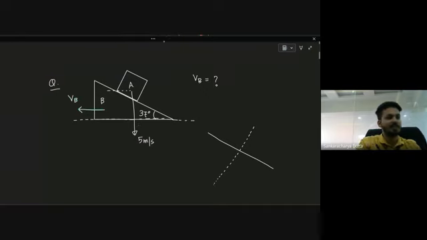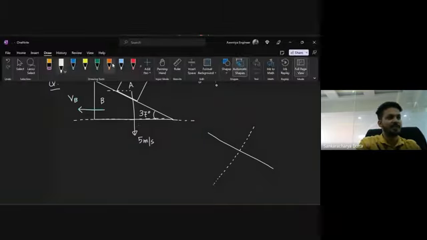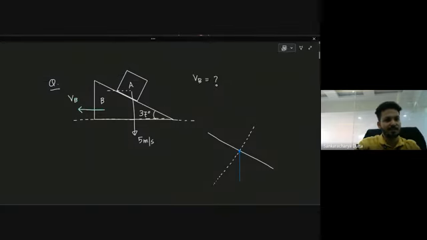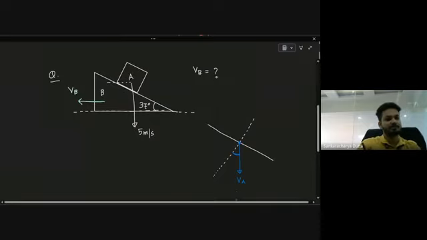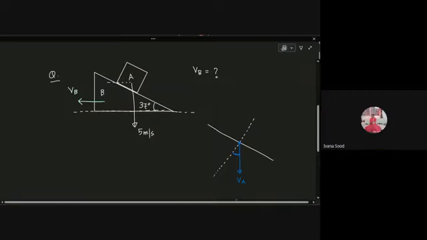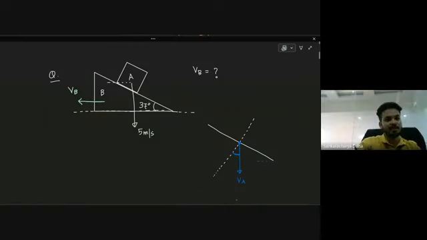Now the velocity of block A is actually downwards. So I'm going to make it like this. This is velocity of A. Can someone tell me how much is this angle? 37 degrees. So we know that this is 37, so this is 53.